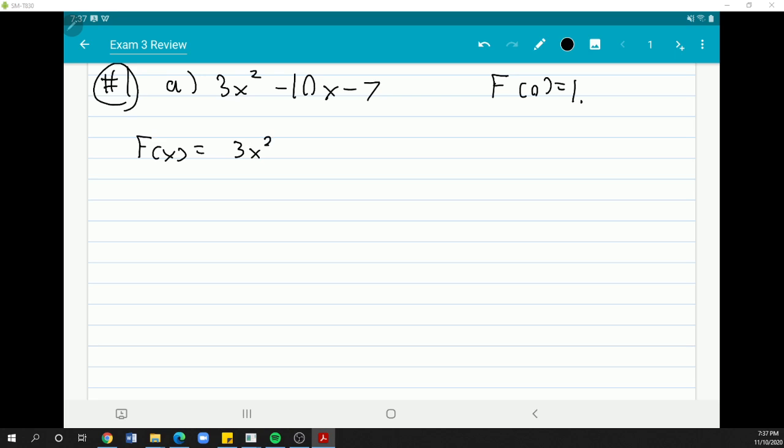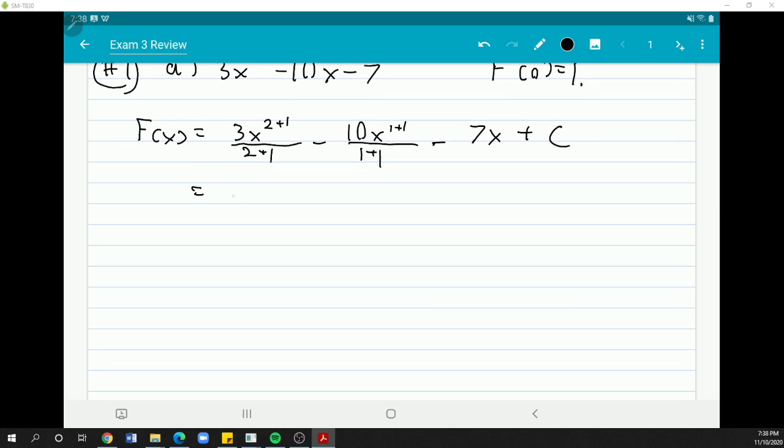I get 3x to the 2 plus 1 over 2 plus 1 minus 10x to the 1 plus 1 over 1 plus 1 minus 7x, and then plus our constant of integration c.